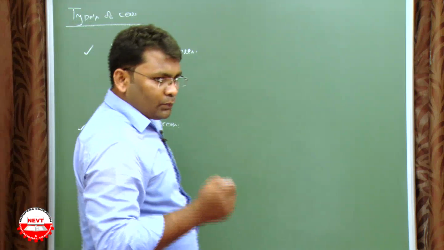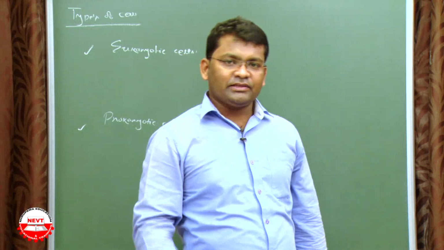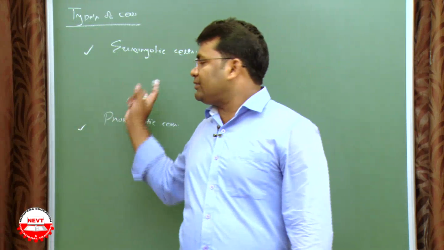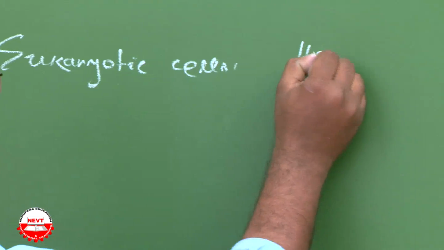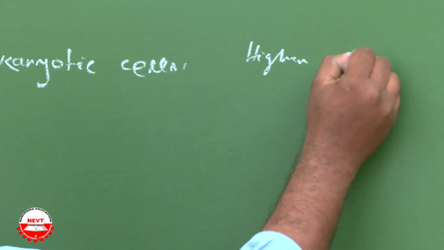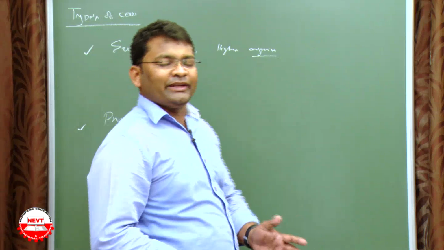The cell having all the cell organelles and a distinct nucleus is a eukaryotic cell. Eukaryotic cells are normally present in higher organisms and contain almost all the cell organelles present in a cell.